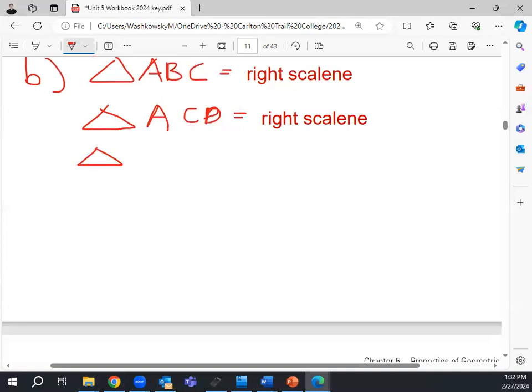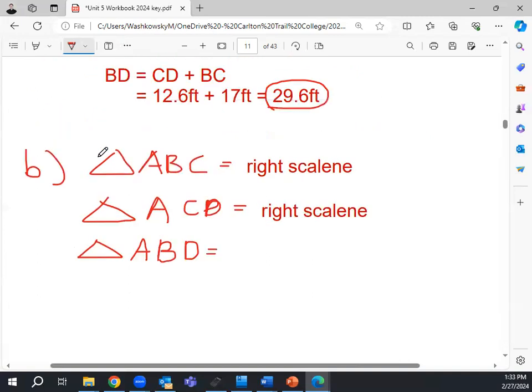And then we had triangle, I think it's ABD. Also right scaling.